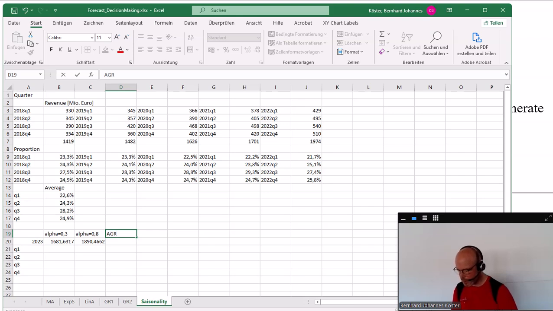And we had average growth rate. There we had two methods. We had one method with first forecasting every single quarter and then aggregating. And we had the method first aggregating, then calculating the average growth rate, and then forecasting. So this I will call then Q1 to Q4.